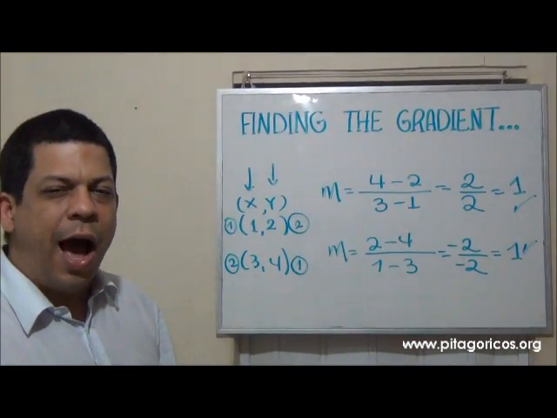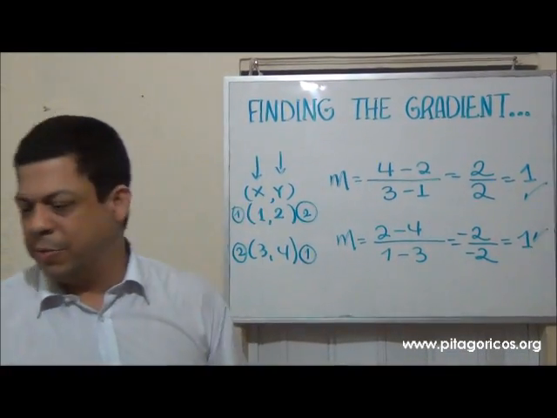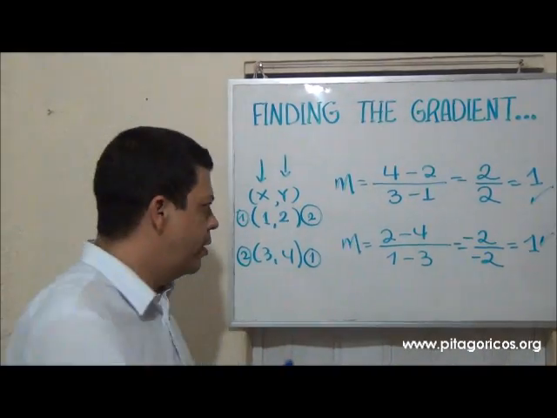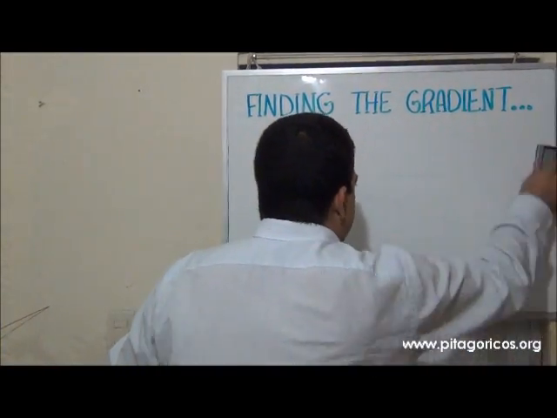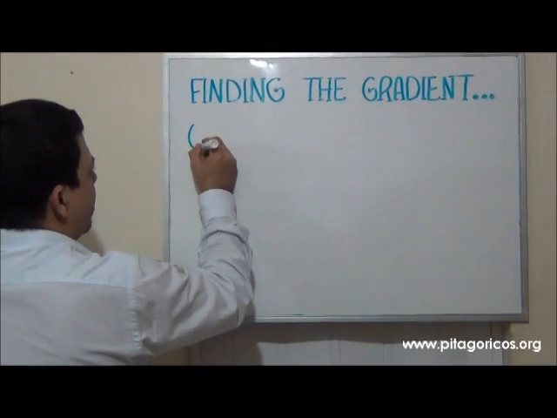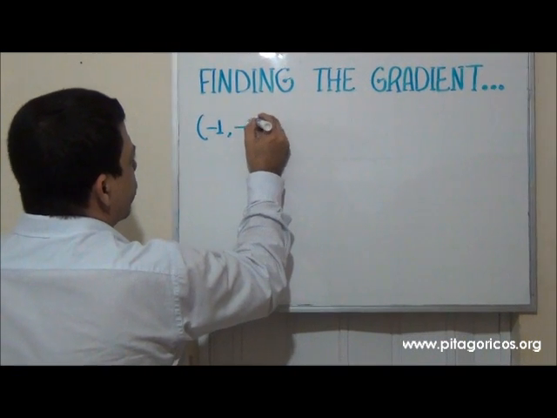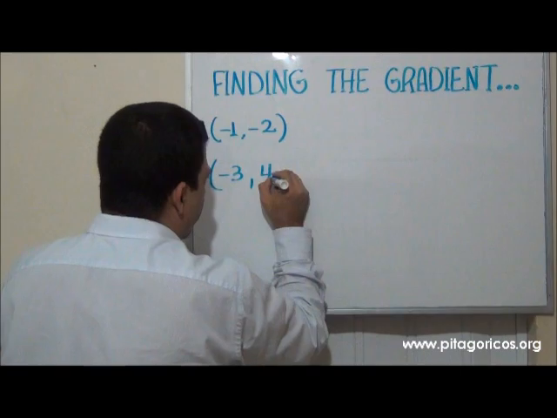Before finishing, I'm going to do one with negatives so that you can see what I am talking about. Let's see. I have a point, let's say it's minus 1, minus 2. And I have another, let's say minus 3, minus 4.